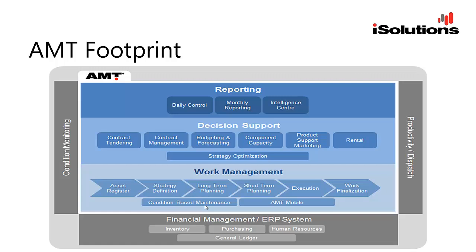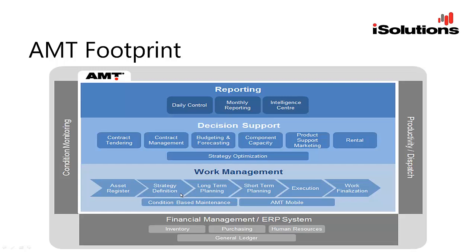The AMT footprint. Now, we'll go through this in a bit more detail later on, but for now at a high level, AMT is an asset management system, and it can really be split into two distinct layers. The first is your work management layer, this area here. So everything on that end-to-end process of registering assets, defining your strategy.